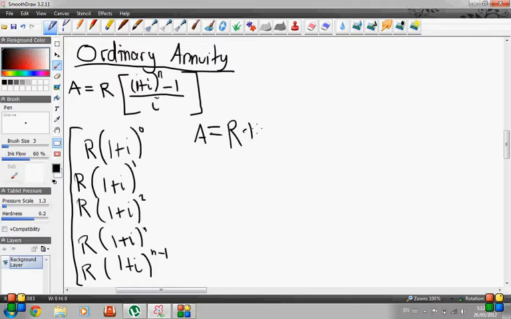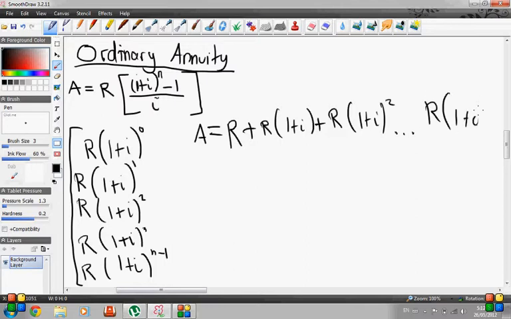You get R + R(1 + I) + R(1 + I) squared, all the way up to R(1 + I) to the power of n minus 1.